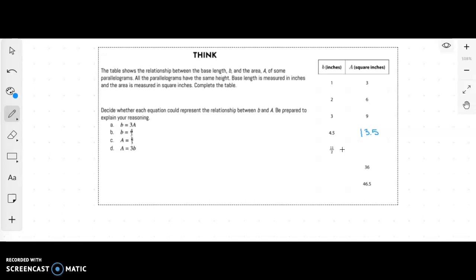So 5.5 or 11 over 2 times 3 is 16.5. And the next 2 rows have us working backwards. Well, if we multiply by 3 to get from the first column to the second, to undo that, we know the opposite of multiplication is division. So I could do 36 divided by 3 to get 12. And 46.5 divided by 3 to give 15.5.